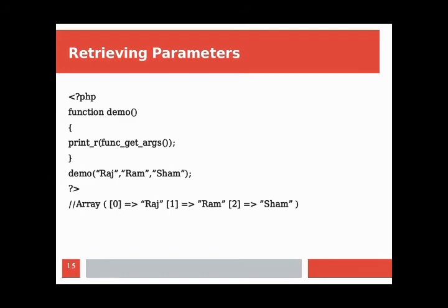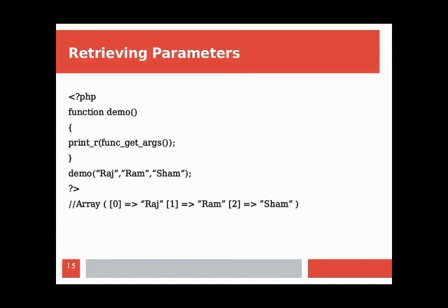And here again demo, while calling that function, we give the values Raj, Ram and Shyam separately. Because of print_r, the array will be printed, and when the array is printed, it will start from index 0.